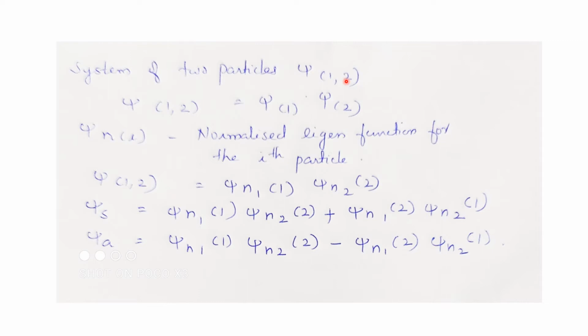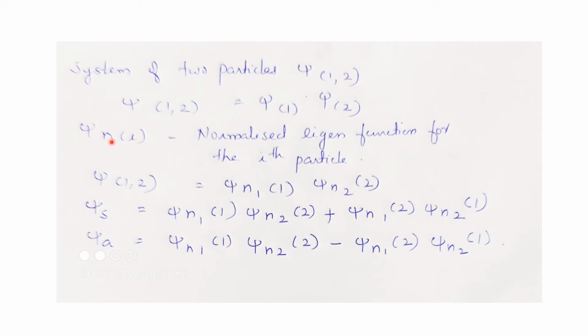It is assumed that the identical particles do not interact. Therefore, the eigenfunction for the entire system is expressed as a product of eigenfunctions for individual particles. That is, psi 1 2 is equal to psi 1 into psi 2.